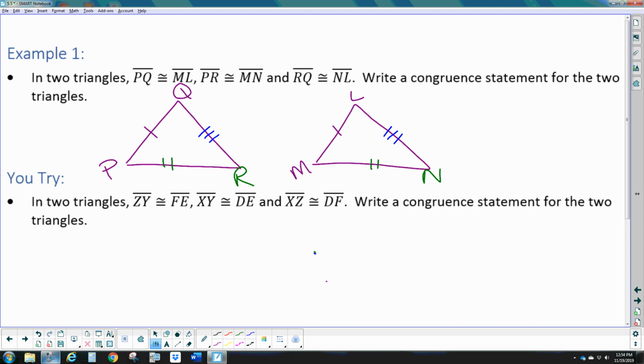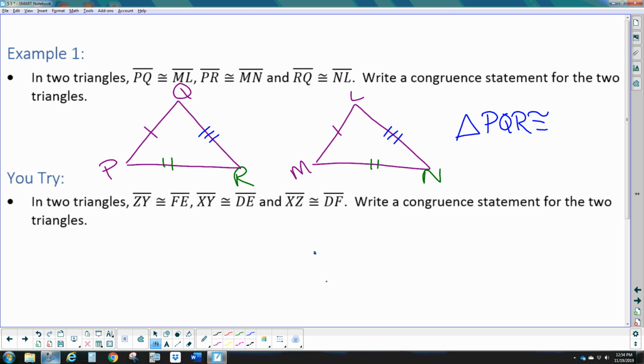Now I can write my congruence statement. It doesn't really matter which letter you start with, as long as in the second triangle, you start with the corresponding letter. So here I'm going to start with P, and I'm just going to go P to Q to R. So P, Q, R is congruent.